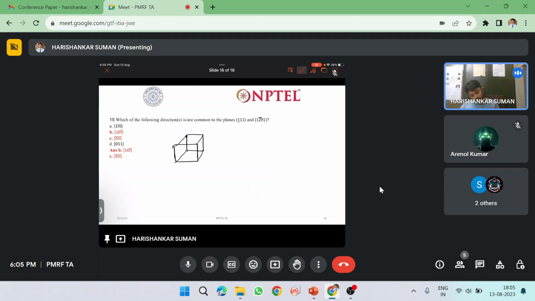These are the edges: x 1, y 1, z 1. Next one, y 1, z 1. This is 1 plus x, y 1, z 2.